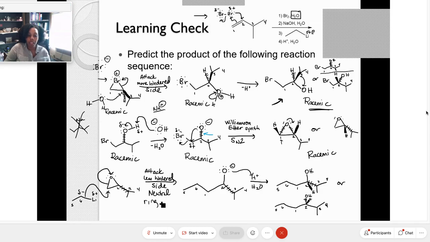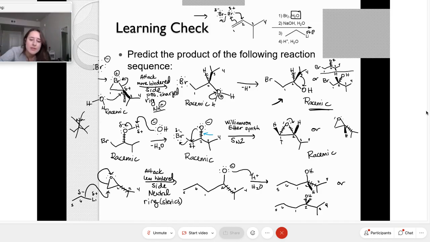So here we're thinking about sterics because it's a neutral ring. But here we attack the more hindered side because it was a positively charged ring. And so for that, we're thinking more about hyperconjugation, adding in electron density. This becomes more of a partial positive charge here, and that's more electrophilic because of the positive charge. All right, that makes sense.